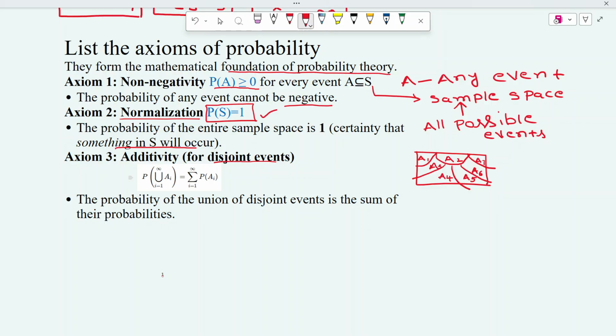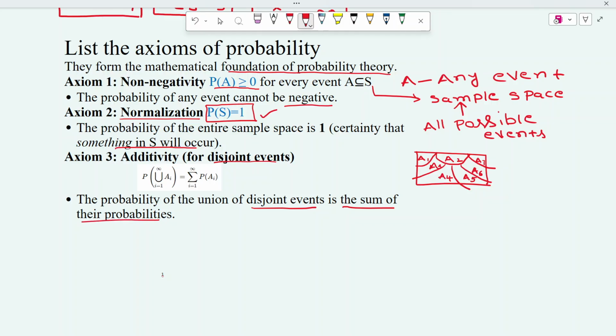So if you take the probability of the union of all those events, you can write that as the summation of the individual probabilities of those events. The statement is: the probability of the union of disjoint events, which don't have any common elements between them, will be equal to the sum of their individual probabilities.